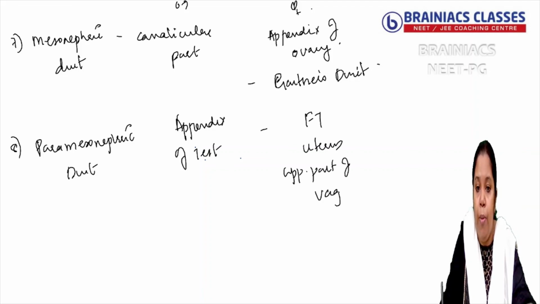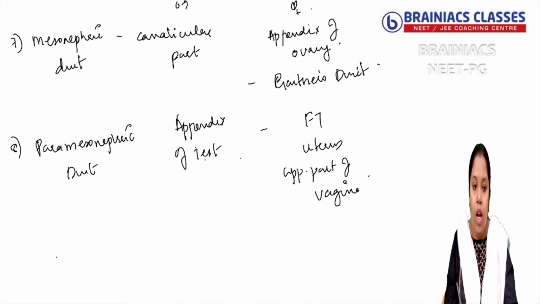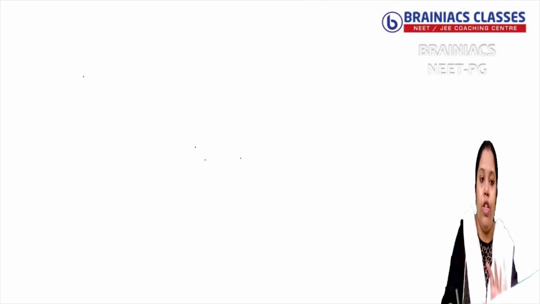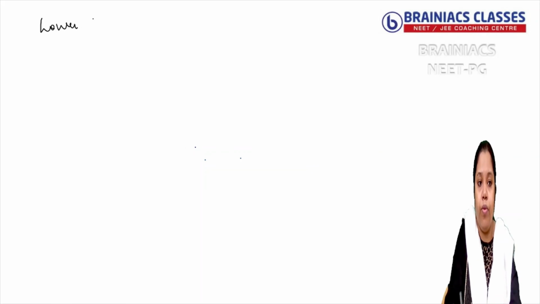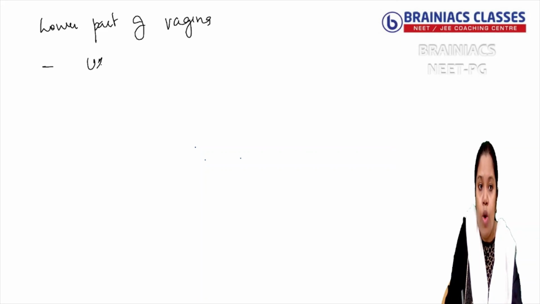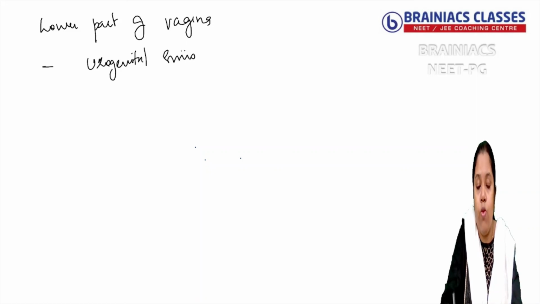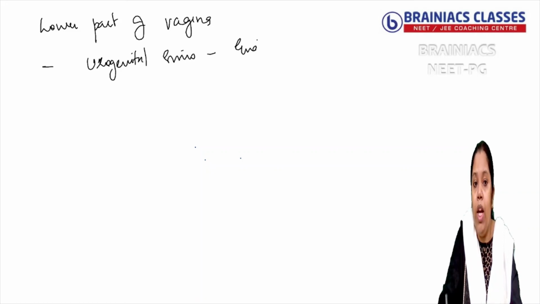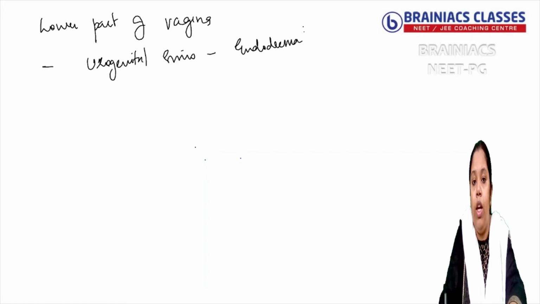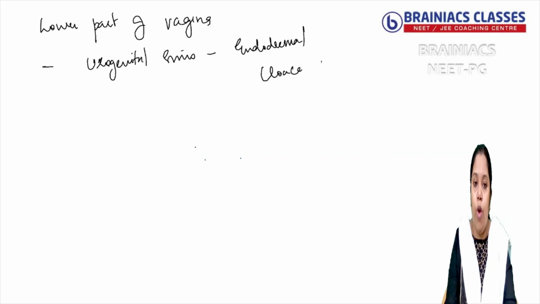Now, from where is the lower part of vagina formed? The lower part of vagina is formed from the urogenital sinus, which is a part of the endodermal cloaca.